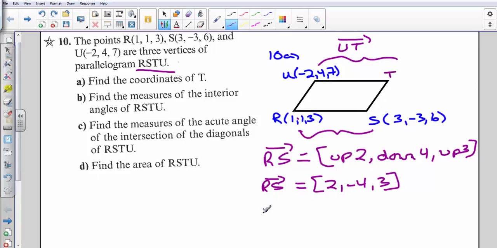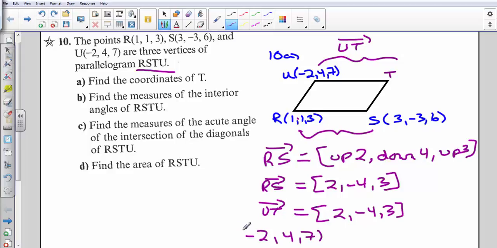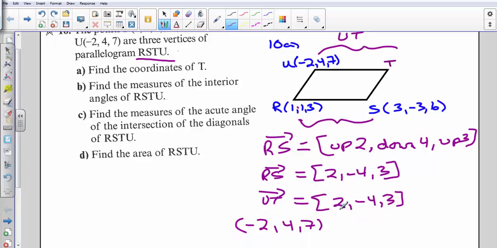So because the shape in question is a parallelogram, UT will be exactly the same as this. And that means that, essentially, in going from U to our end point, we have to increase by 2, decrease by 4, and then increase by 3. So basically, that's the U value.